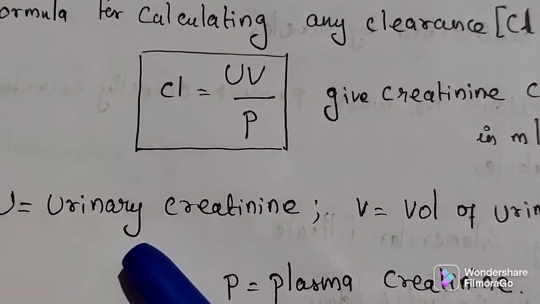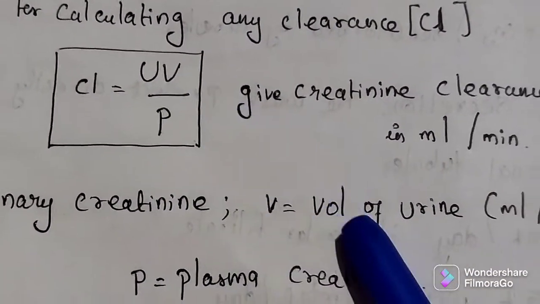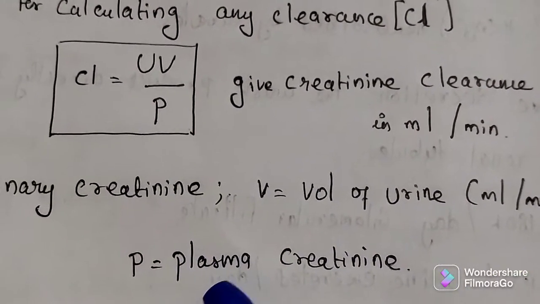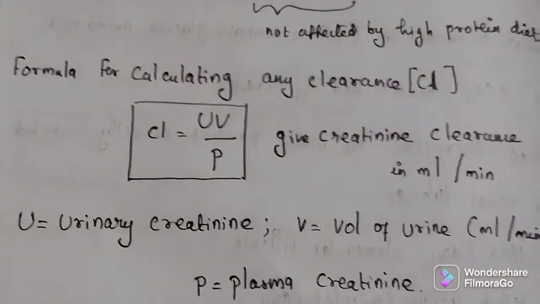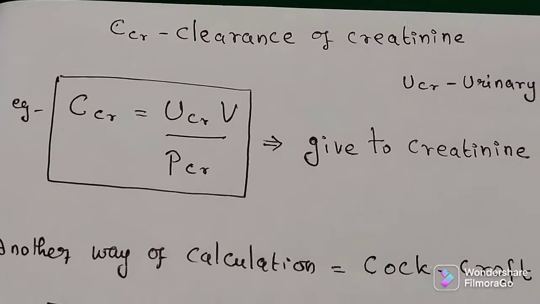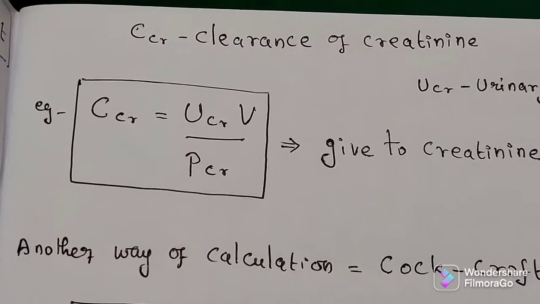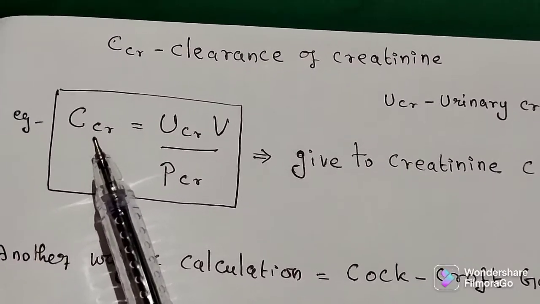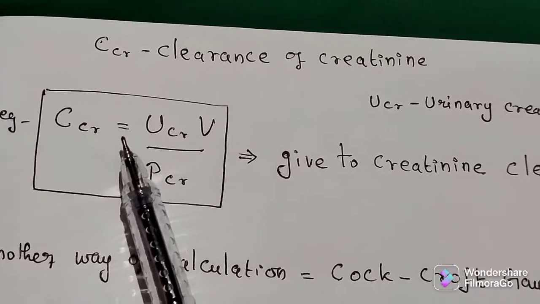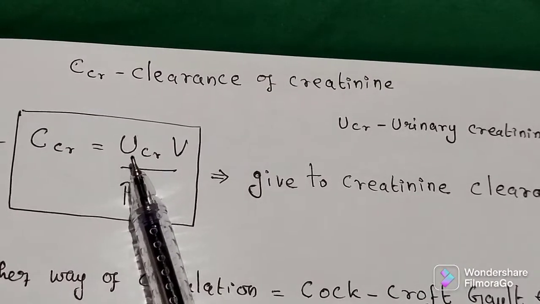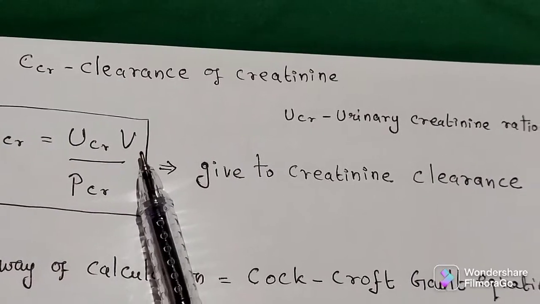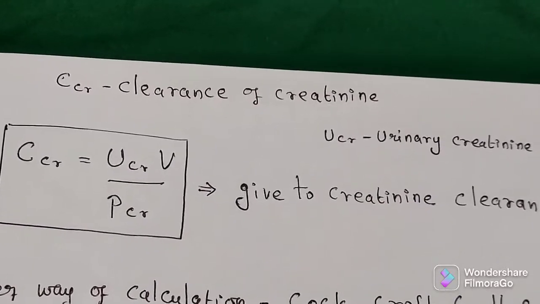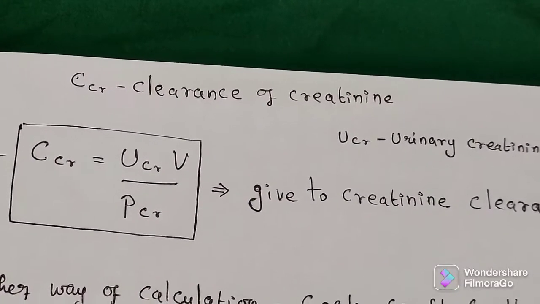U stands for urinary creatinine, V stands for volume of urine in ml per minute, P stands for plasma creatinine. For calculating creatinine clearance, we apply the formula CCr, creatinine clearance equal to urinary creatinine times volume of urine ml per minute, divided by plasma creatinine. It will give creatinine clearance.